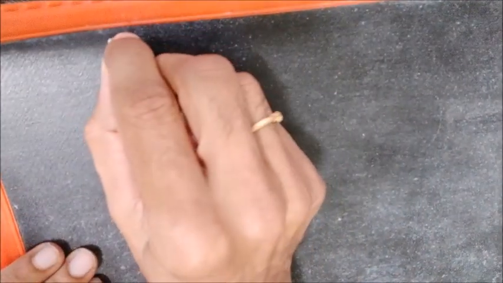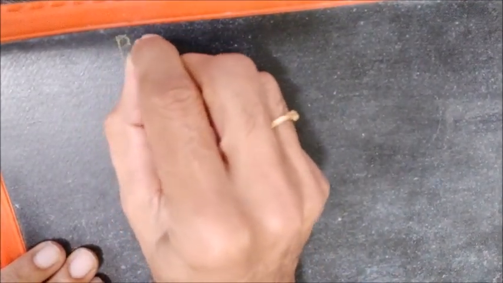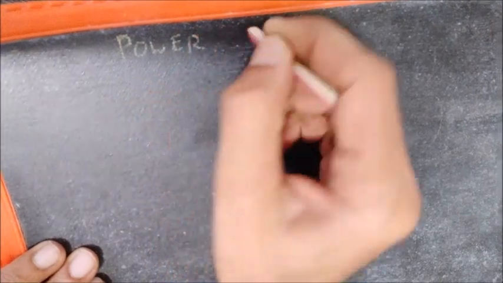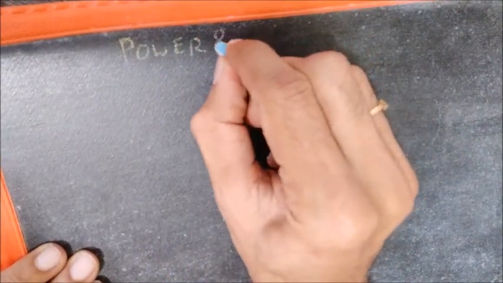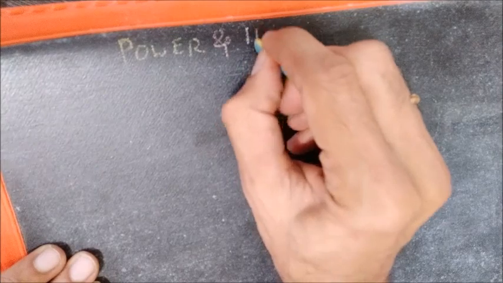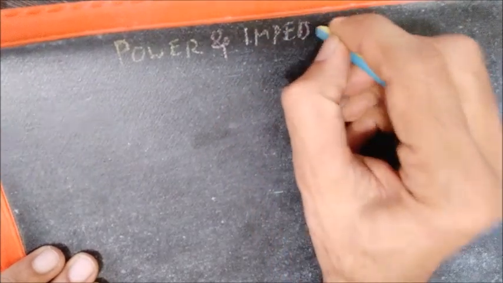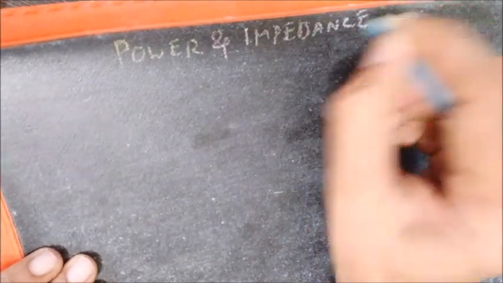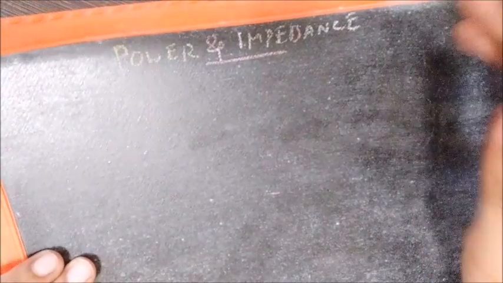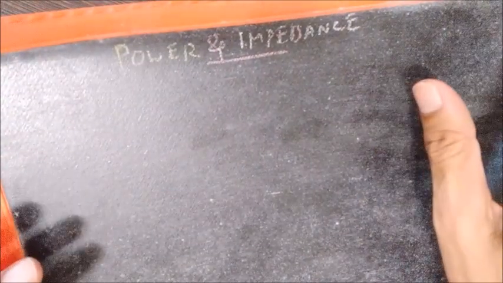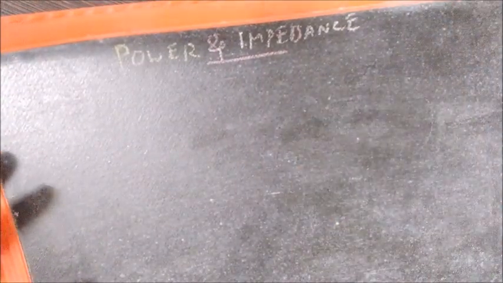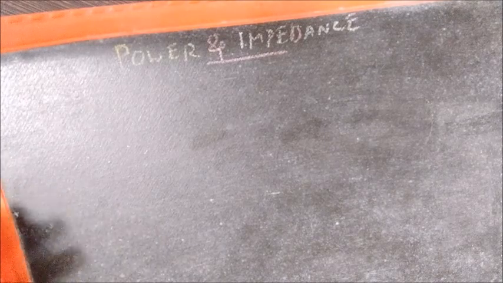Now we continue with our discussion using the same phasor representation. We discuss a little bit more on power and impedance. Of course, impedance we have already discussed, so we discuss a little bit more on impedance, and we also discuss something on power, the power that is carried by the transmission line.